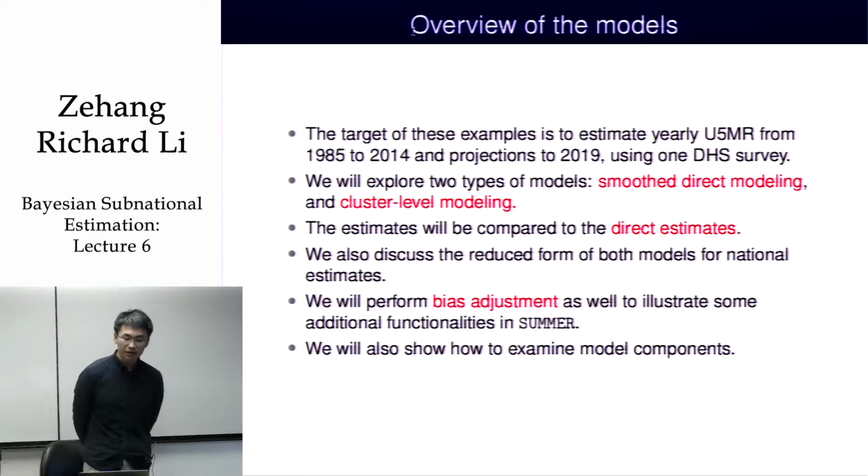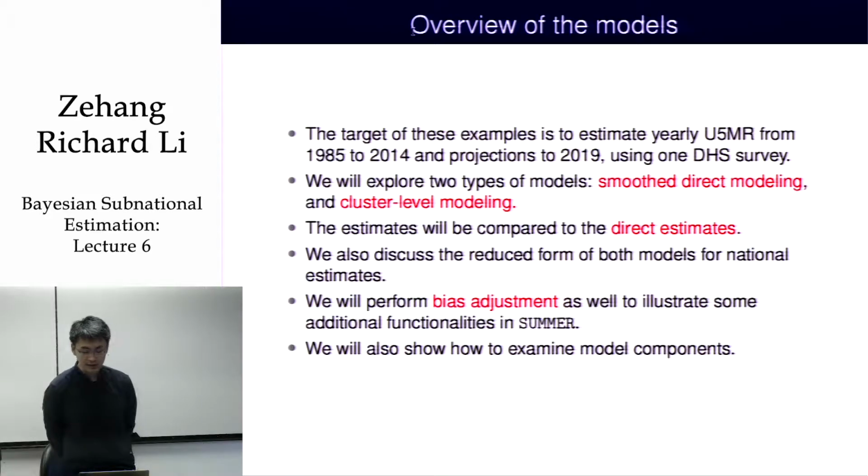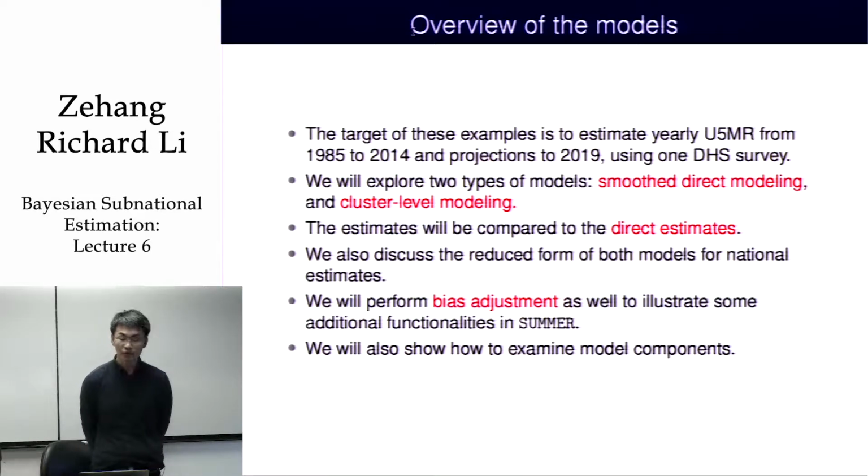And we'll fit 2 types of models. The first model, which we have already looked at and actually fitted in the previous lecture, is the smooth direct modeling. Basically, you calculate the direct estimates, and then you smooth the direct estimates using the methods we already discussed. And then we're going to also show the second type of model, which is the cluster level modeling.